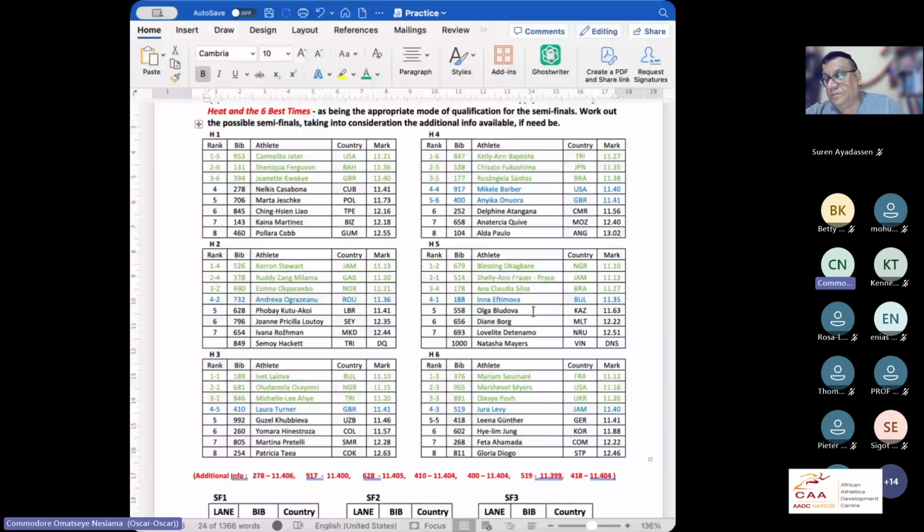Then the third fastest place. After that, you look at the 6 best times, irrespective of the heat. So there are situations where you could even have more than 1 or 2 people in one heat coming with faster times than the other heats. So this is the basic first rule.